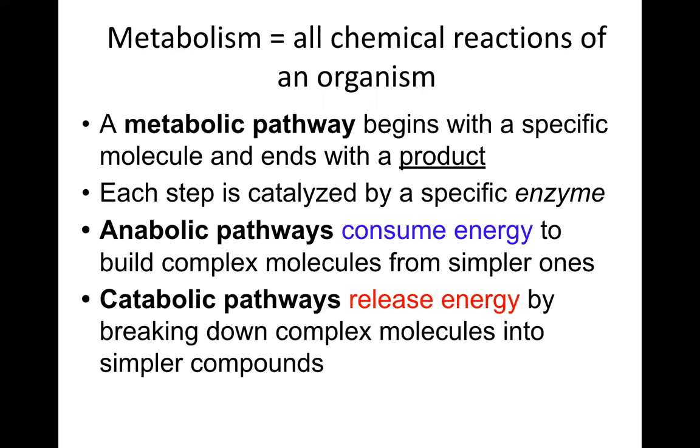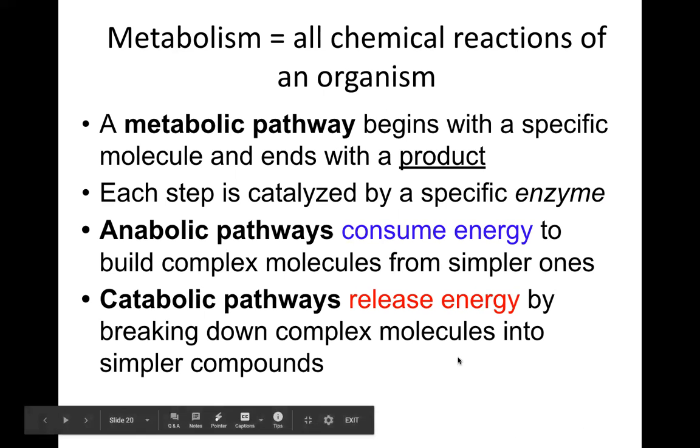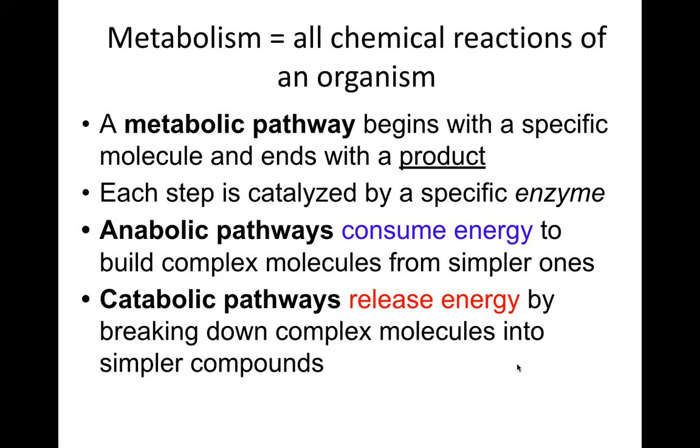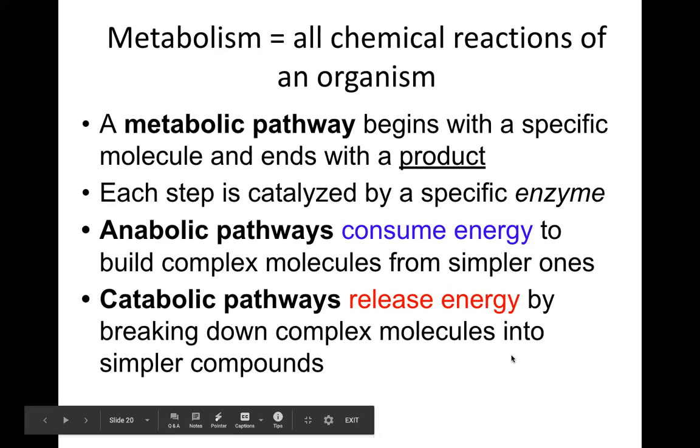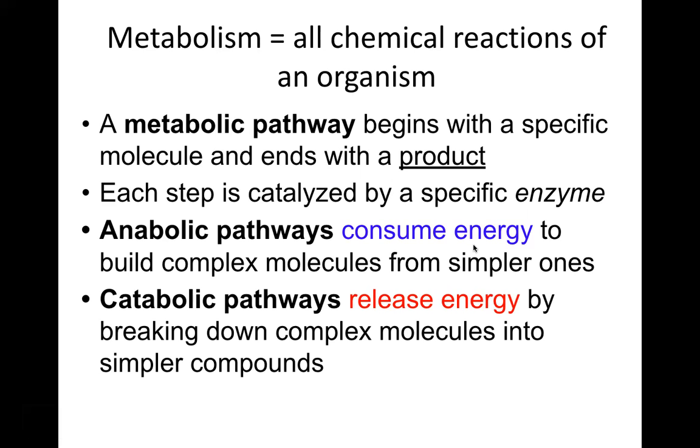Metabolism has two sides of the coin. One side is the catabolic pathways, which release energy. Catabolic pathways are the breaking down of complex molecules into smaller compounds. So the digestion of food, for instance, is an example of a catabolic pathway. Anabolic pathways, the flip side of the coin, consume energy.